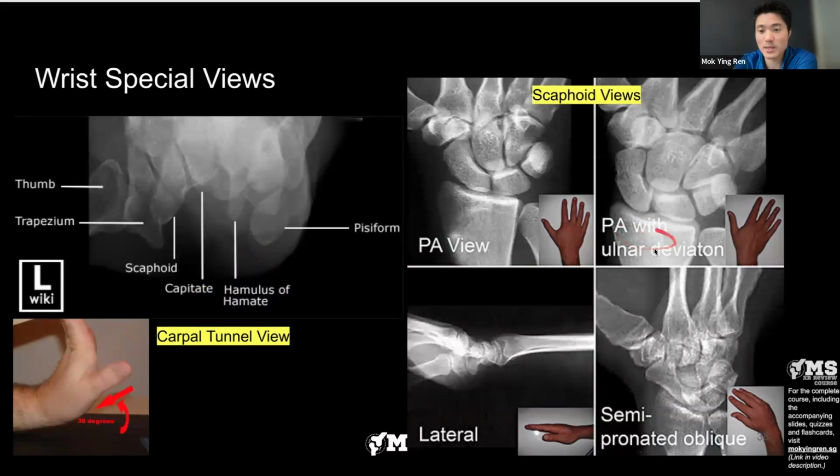Okay, so one of them is that with an ulnar deviation, to kind of show the scaphoid a bit better, and also a semi-pronated oblique view, which again helps us to look at the scaphoid better through different angles. Okay, remember, the X-ray is a two-dimensional imaging. The more views you have, the more angles that you have to look at, okay, to look for any small fractures.